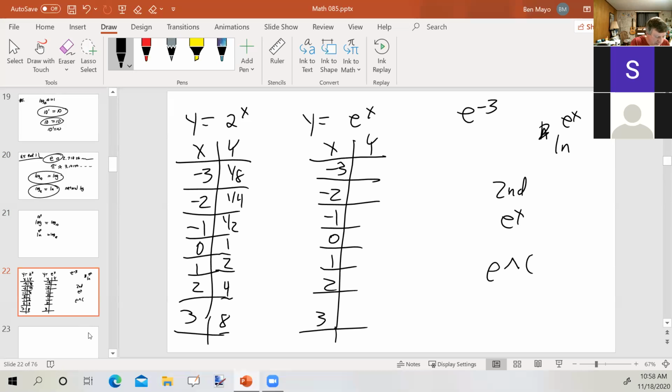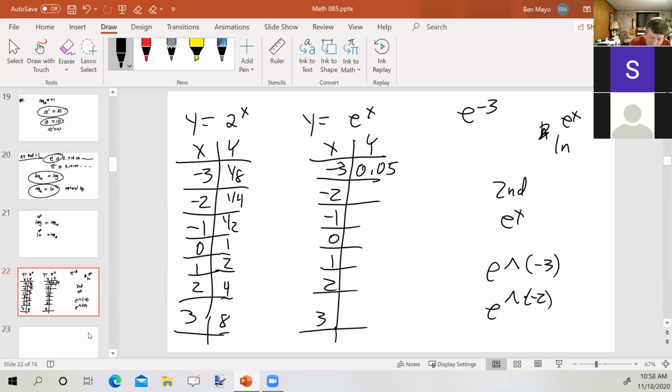Okay, second e to the x, and then I'm going to put a -3 in there, close it up with parentheses, and I get 0.0. I'm going to round it to the nearest hundredth. Okay, and then I'm going to go back and I'm going to make e to the -2 power.